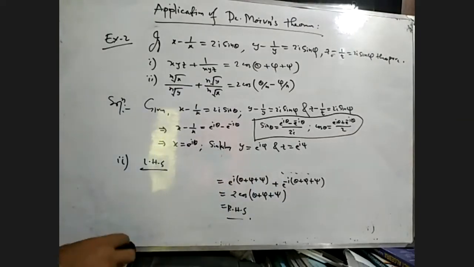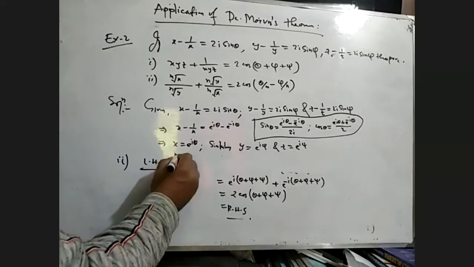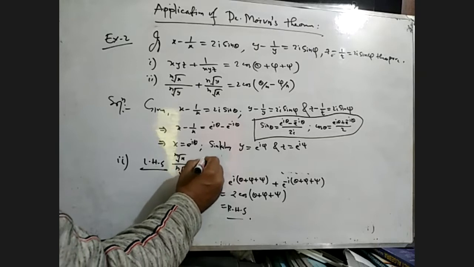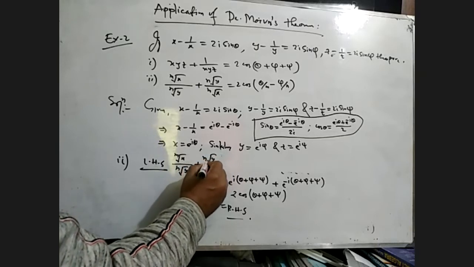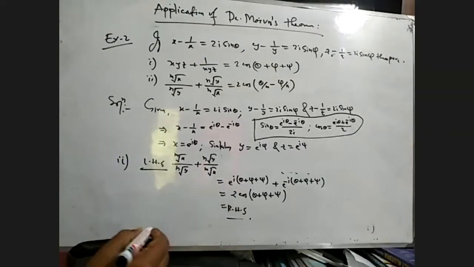Second one will be left hand side: mth root over x divided by nth root over y plus nth root over y divided by mth root over x.